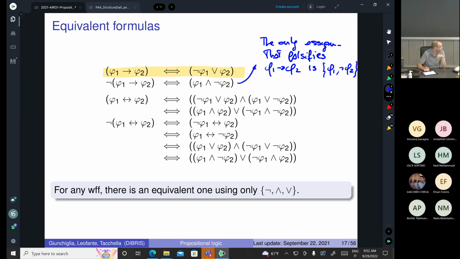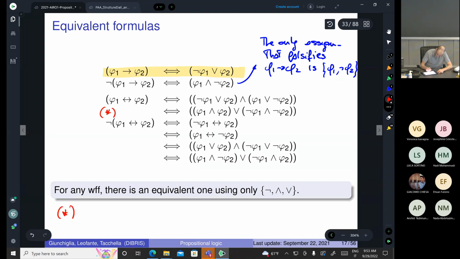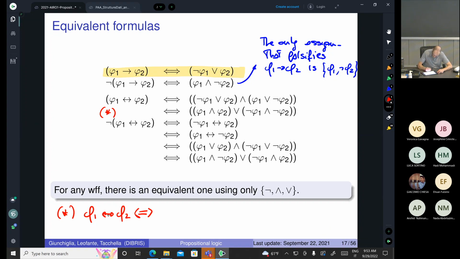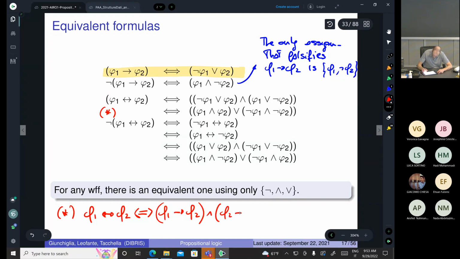Phi1 if and only if phi2, we said that this is coimplication. So phi1 if and only if phi2 is logically equivalent, notice that we use this symbol to distinguish from the syntax coimplication, to phi1 implies phi2 and phi2 implies phi1.